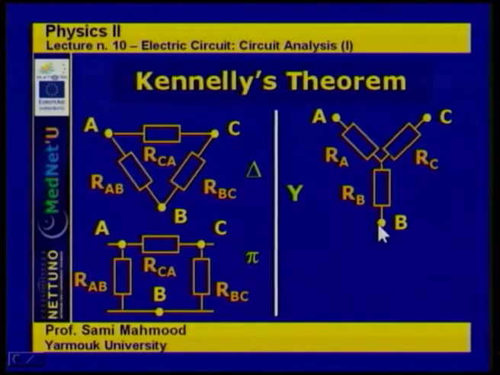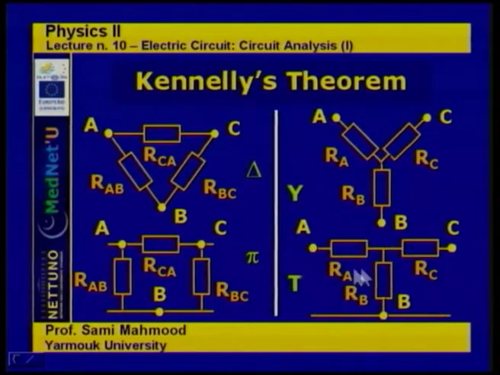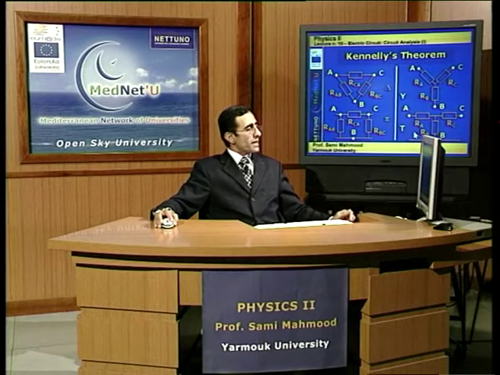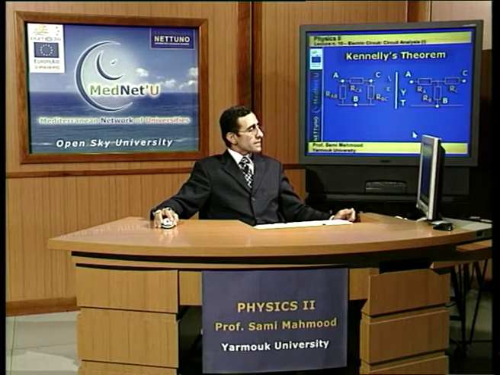The resistance between point B and the common point is RB, and the resistance between point C and the common point is RC. This is called the Y configuration of the equivalent circuit. It can also be drawn as the T configuration. They are the same.